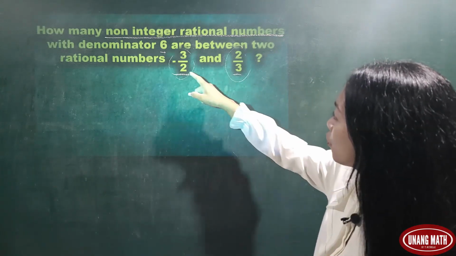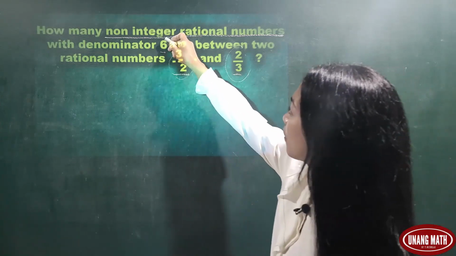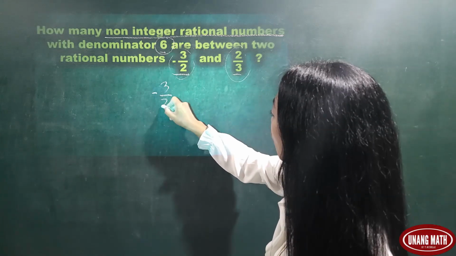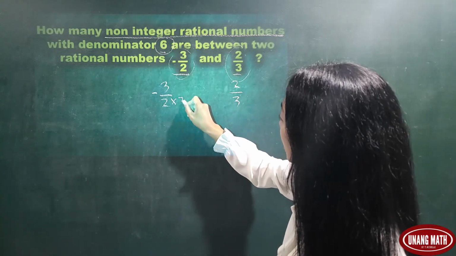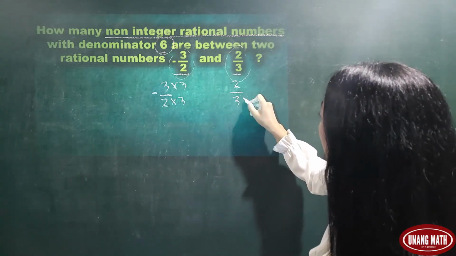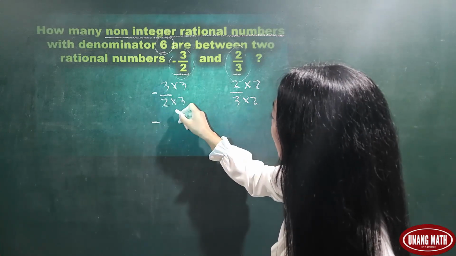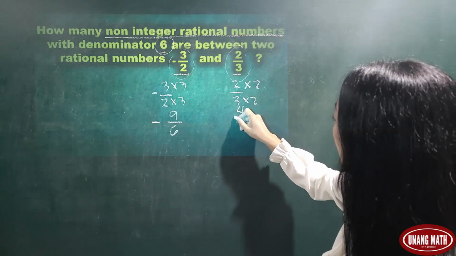First thing we need to do is make the denominators the same, the denominator must be 6. So negative 3 over 2 and positive 2 over 3. This is times 3, times 3, times 2, times 2. So we have negative 9 over 6 and this is 4 over 6.